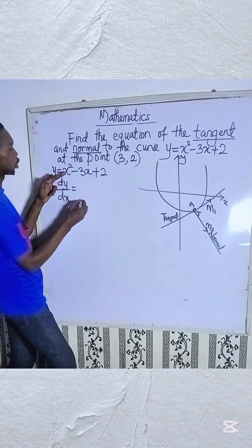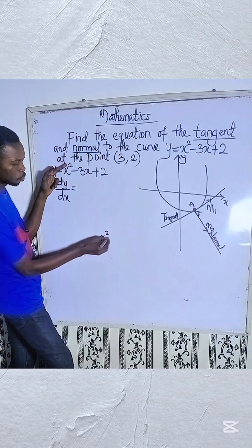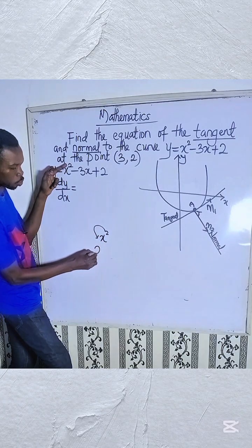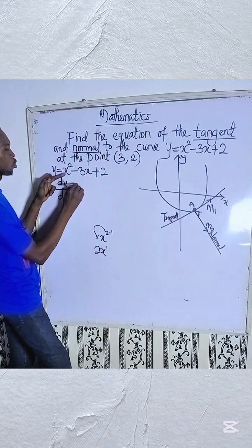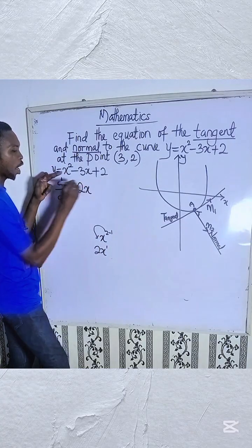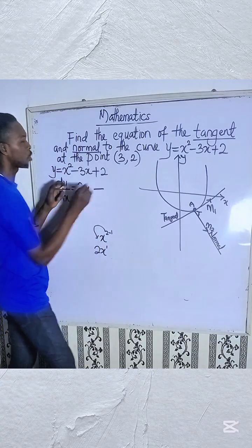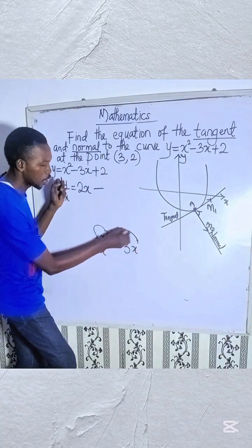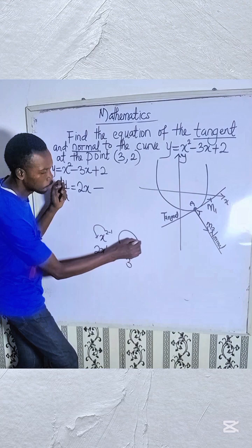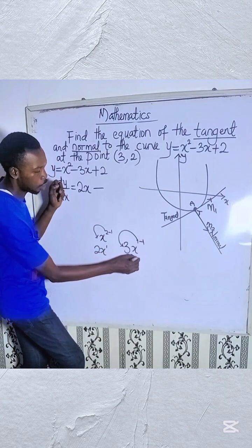Of course, how do we differentiate? You have x raised to power 2, so you bring 2 here, it becomes 2x. Then you subtract 1 from 2, that's 1. So if I differentiate x squared, I get 2x. Minus, if I differentiate 3x, the power of x here is 1. I multiply by 3, that's 3, and subtract 1 from the power, that's x raised to power 0.